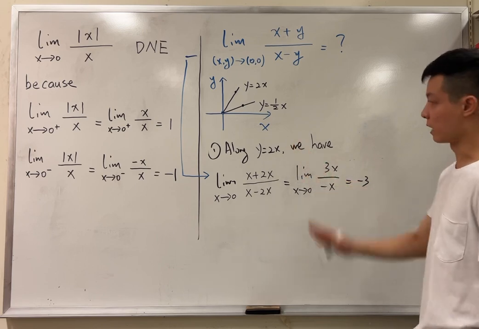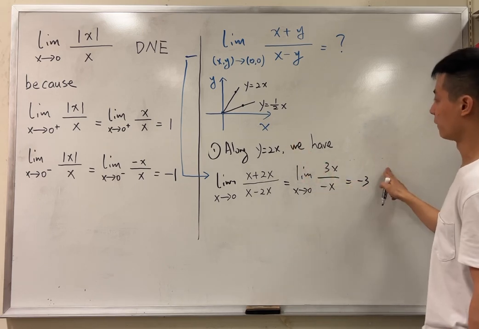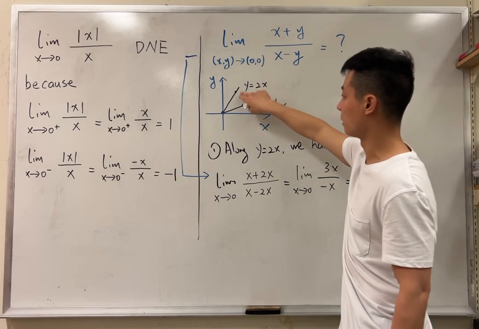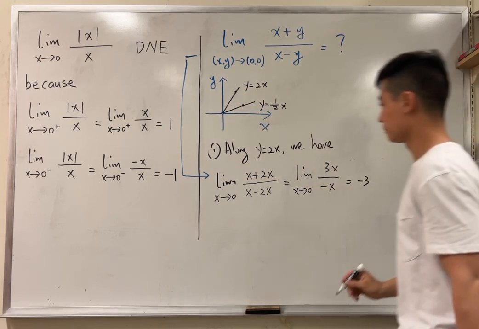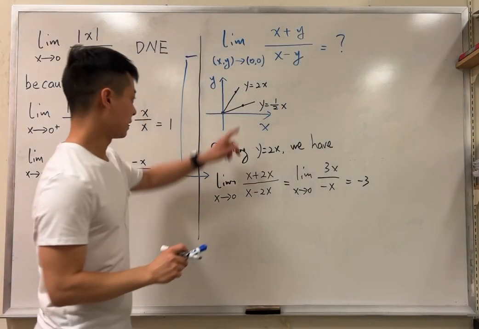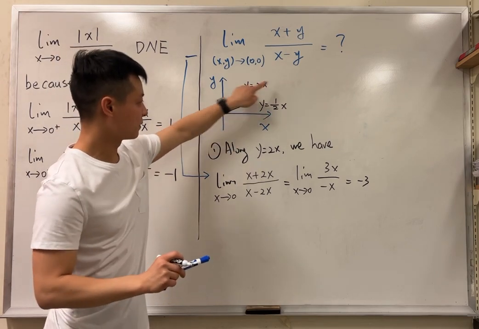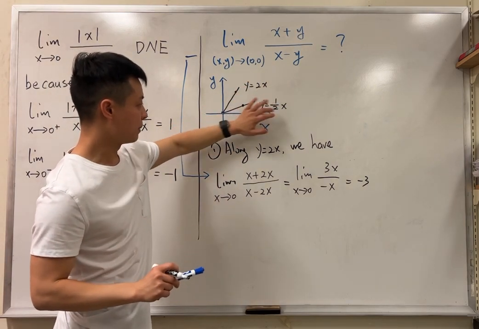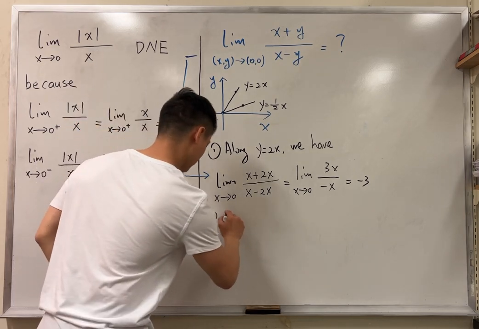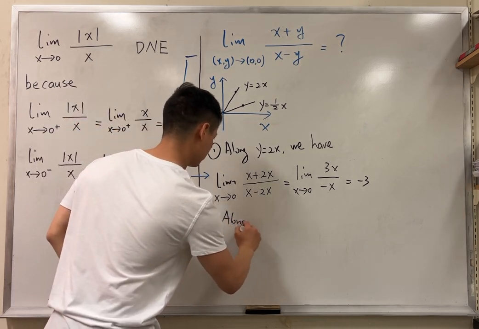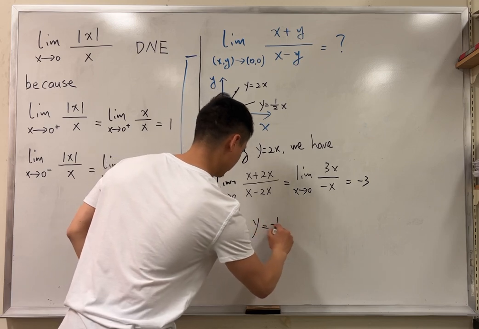Okay, so now we have the value of the function as the point approaches along this path equal to this value. And then we can try to see what happens for this path. So secondly, we're gonna do along y equal to 1 over 2x.